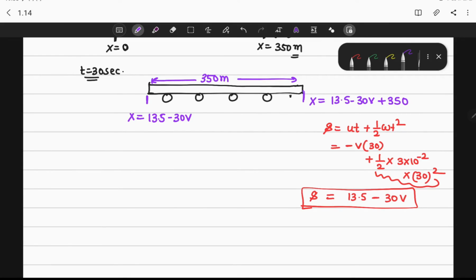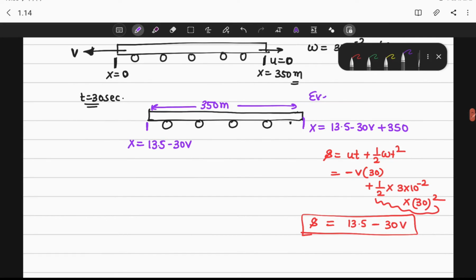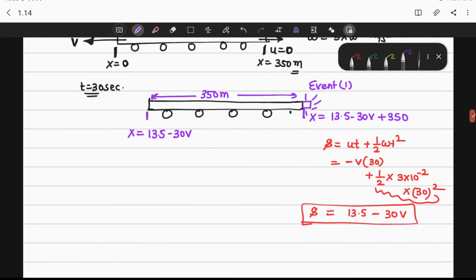Okay, and at this particular event 1, the front headlight is switched on. Okay, and then if we talk about what is happening at t is equal to 90 seconds, at t is equal to 90 seconds this has moved by some more distance in that duration.